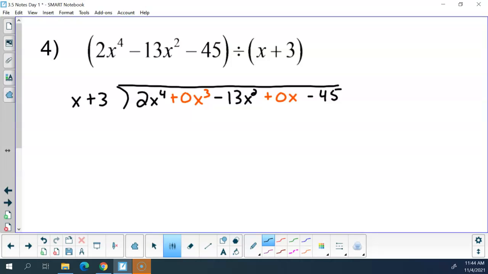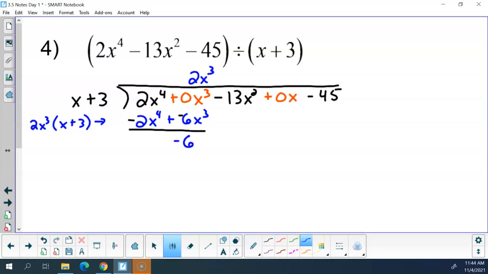First, I need x to be 2x to the 4th power. 2x cubed. 2x to the 4th plus 6x cubed. Change the signs. Gives me negative 6x cubed.